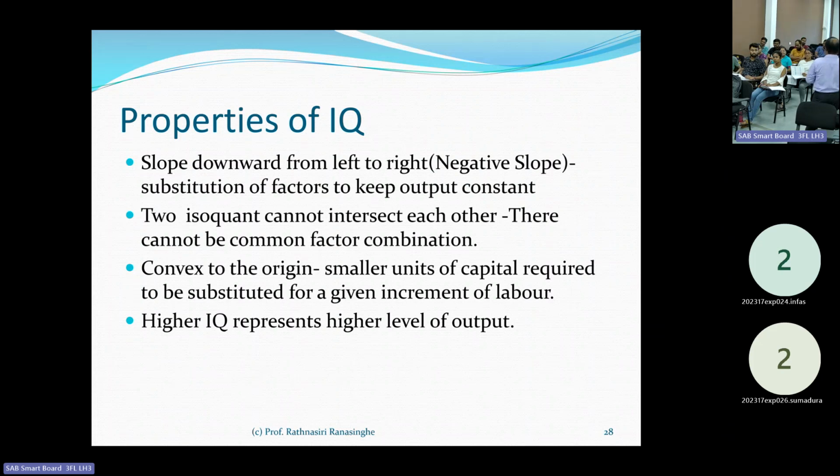You may remember the region we highlighted there, the producer's stage 2 region. The main point is that average productivity is maximized.